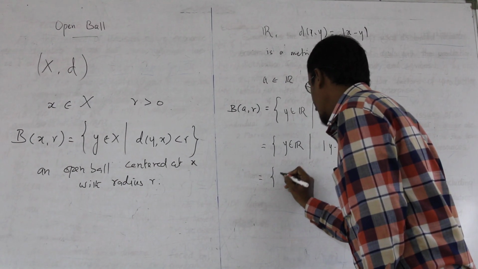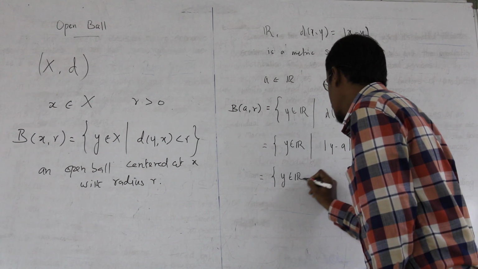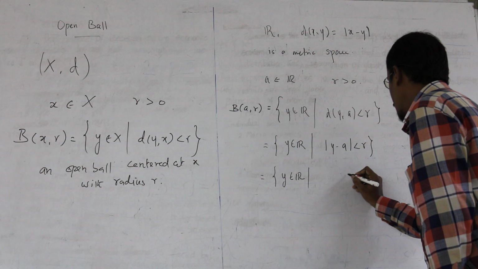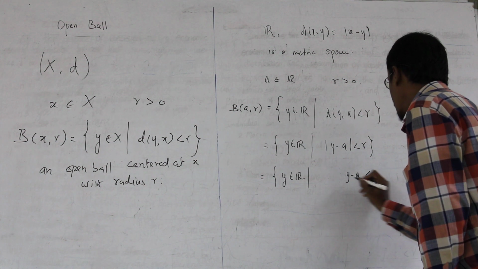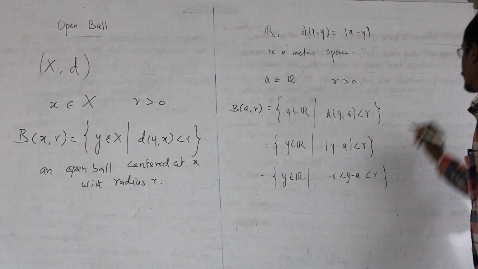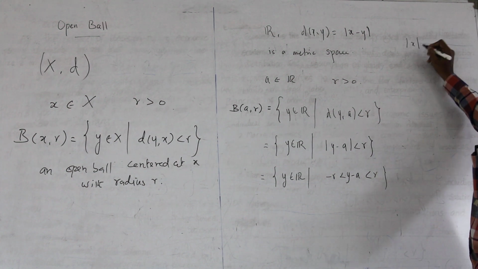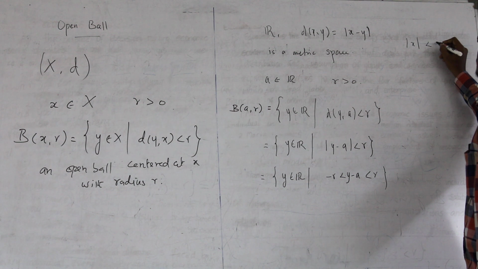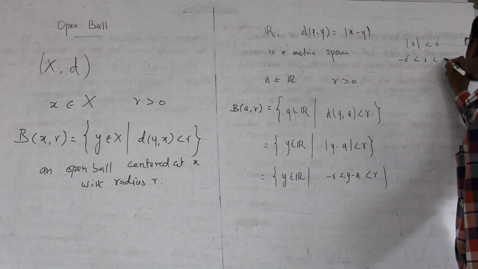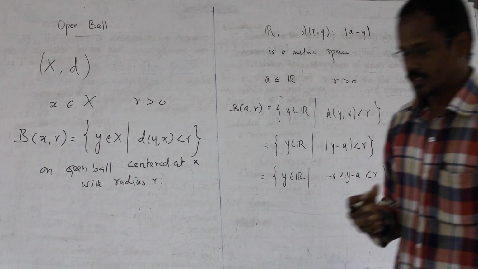That is, you collect all possible points in R such that |y - a| less than r, which means that y - a lies between -r and +r. We know that if |x| is less than delta, then x lies between -delta and +delta.